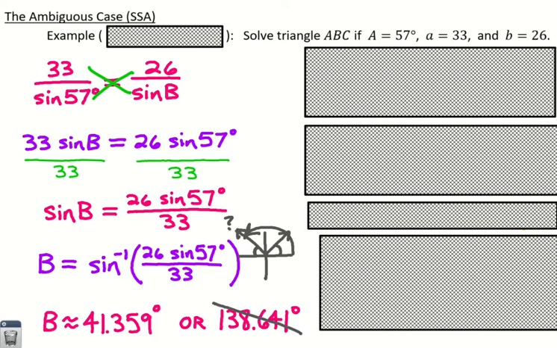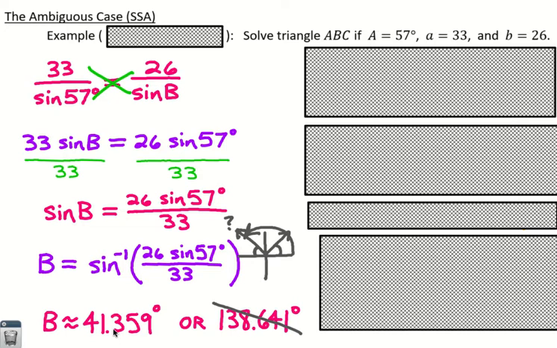And why? Well, if angle A is already locked in as being 57 degrees, how can your second angle be that big? There's not enough degrees left over. Remember, there's only 180 degrees total in every triangle. So it's not even possible.